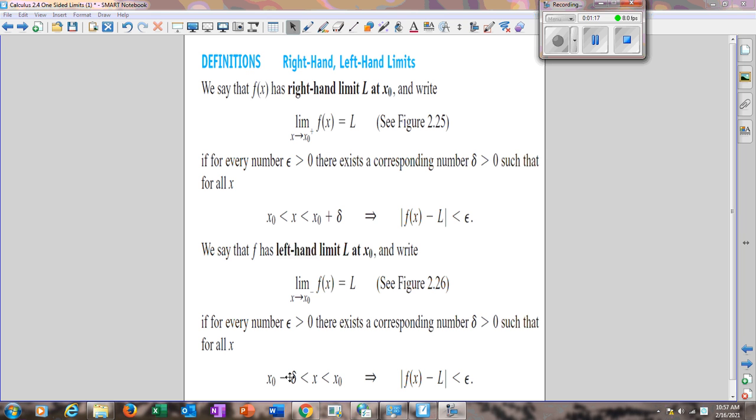So I'm subtracting whatever value I find instead of adding it. If I'm coming from the right, I add it to x naught. If I'm coming from the left, I subtract it. That's all this whole thing is saying. When we compared it to the two-sided limits, you had to both add and subtract it. So let's do an example of this.